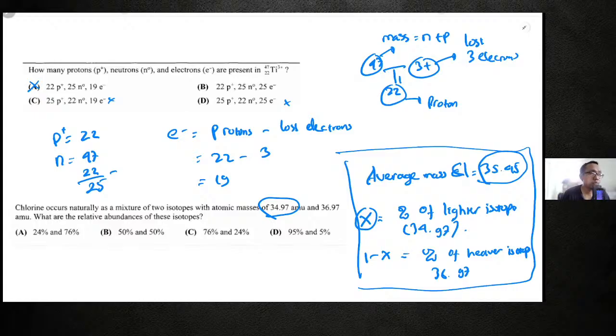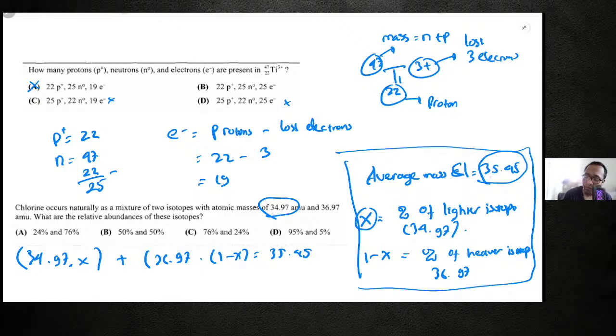Using this assumption, we can do 34.97 times X, and then plus 36.97 times 1 minus X equals 35.45.